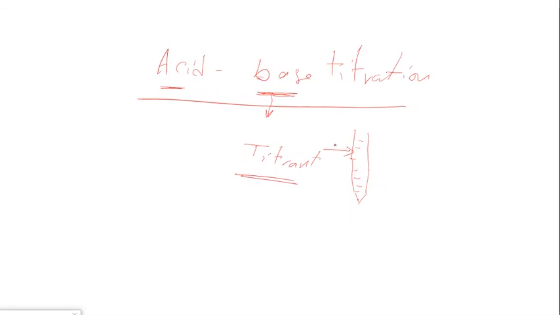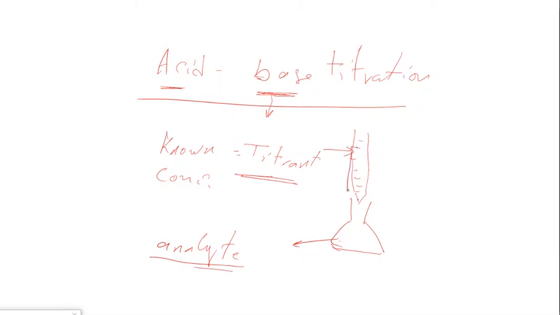So the titrant is a substance that we already know its concentration, and we will add it to a beaker that contains the analyte. And we will know the concentration of this analyte by knowing how much titrant we use.